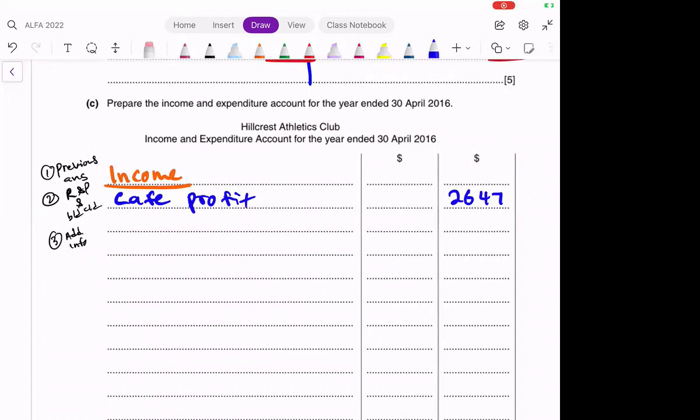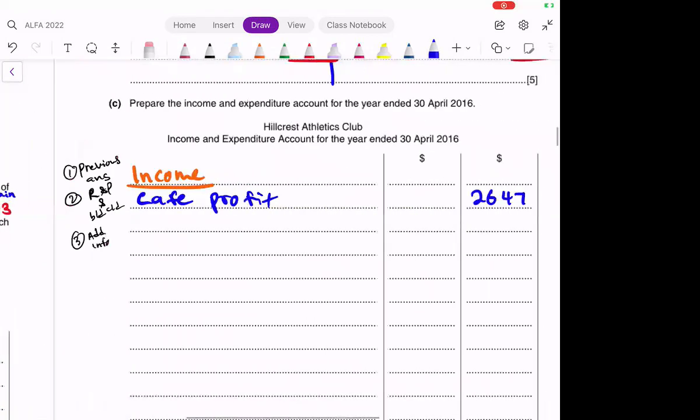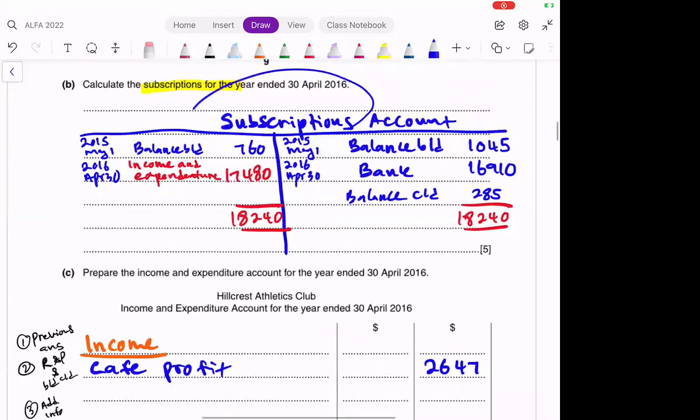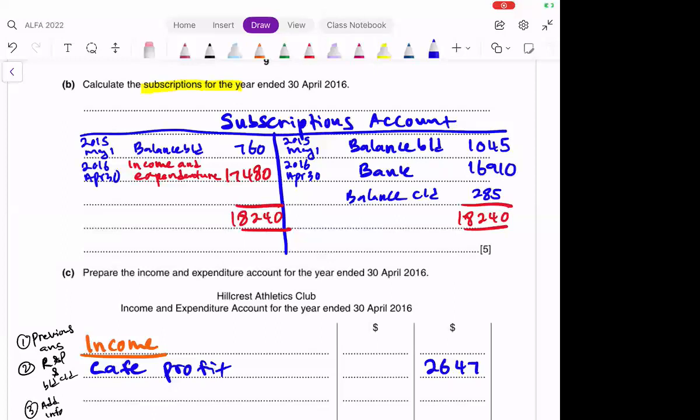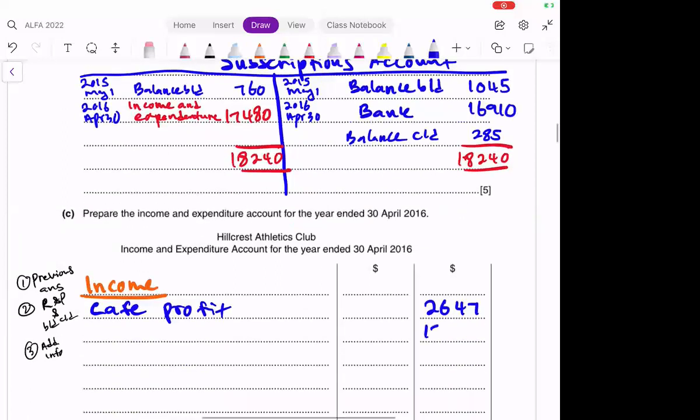After that, subscription. How much subscription for the year? The subscription for the year is 17480. You write here subscription.